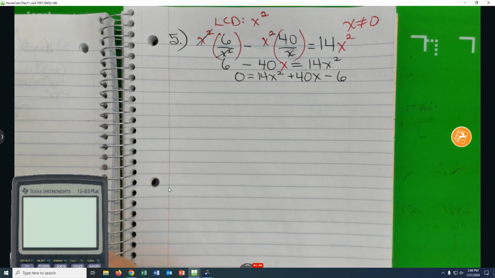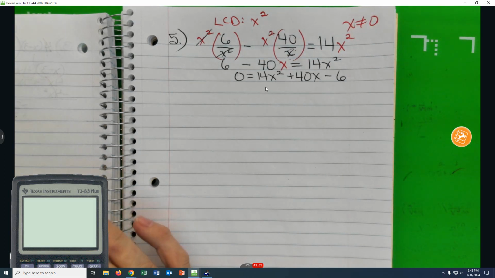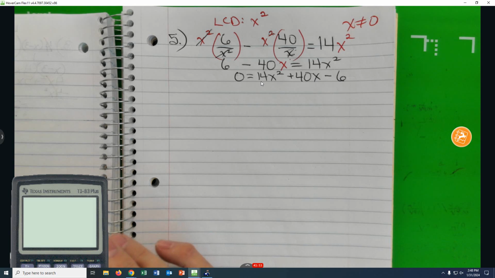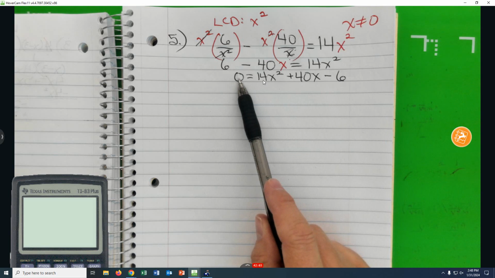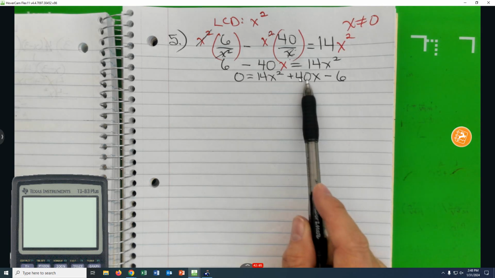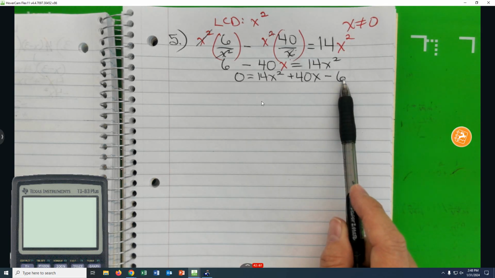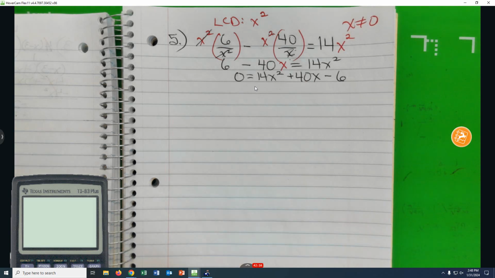Okay. And before we decide whether we want to factor or use the quadratic formula, I noticed something. Every number, 0, 14, 40, and 6, they're all divisible by what number?